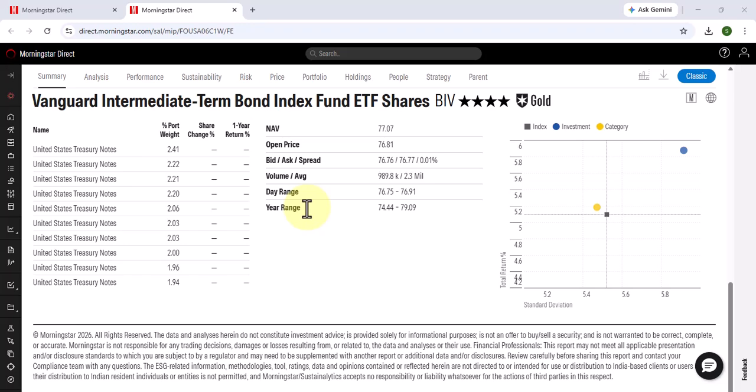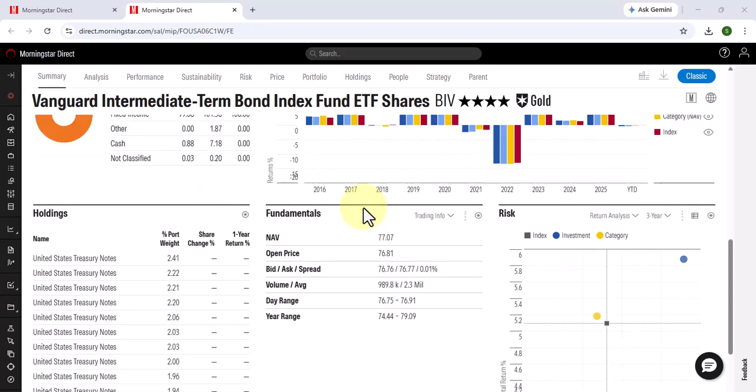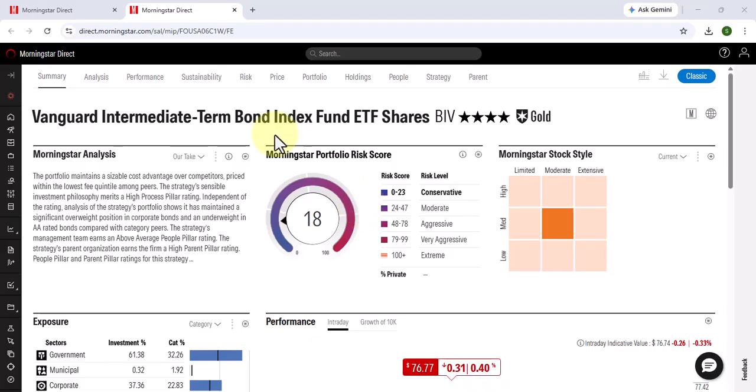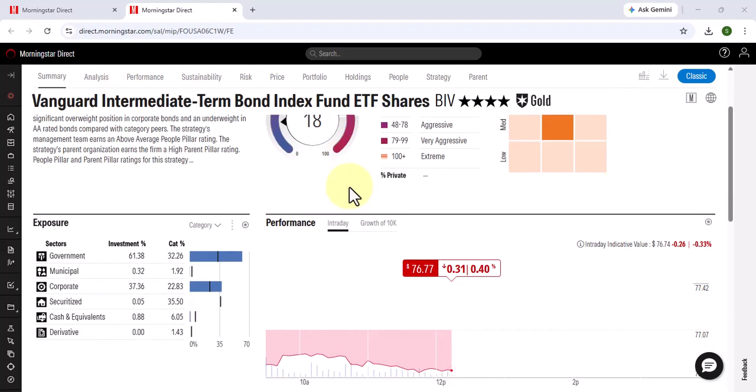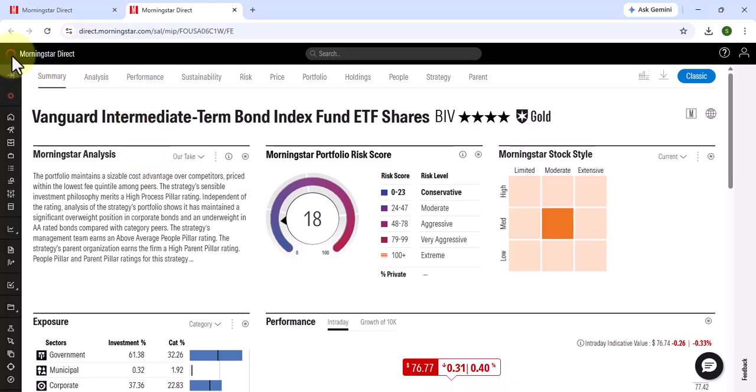It had an average credit quality of A instead of AA. So certainly a good option as well. Not a risky stock. They're not invested in risky bonds, just a little bit lower credit quality than the other one. It also has a gold medalist rating. Again, not something I was screening for, but something that certainly is an indicator of future performance.